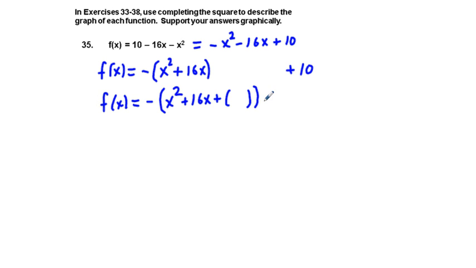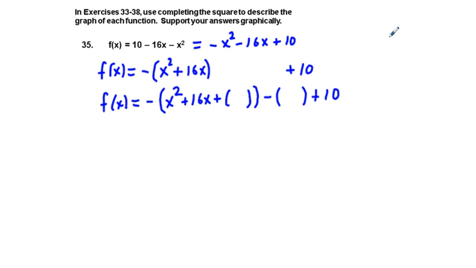This number is going to be negative here because whatever number goes in here has to be offset by a negative. So we'll say minus, open parentheses, plus 10. Whatever we put in parentheses has to go both inside here, the perfect square, and outside.